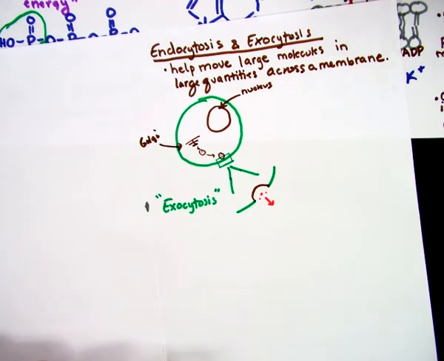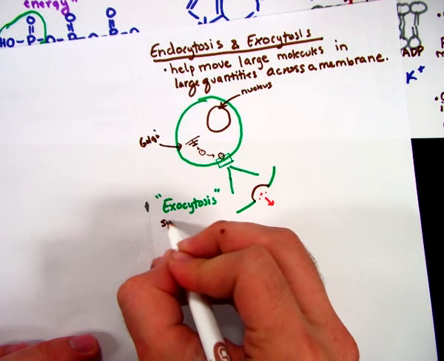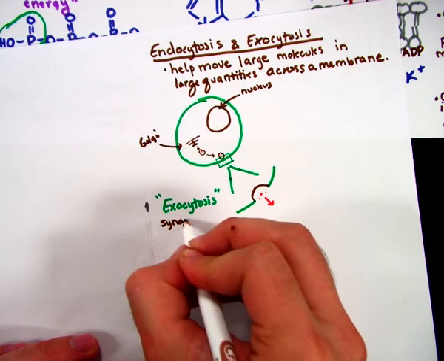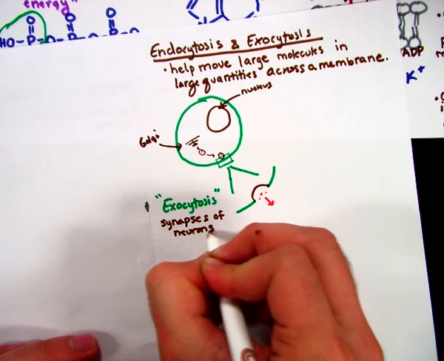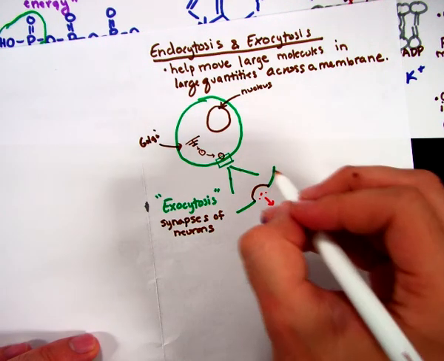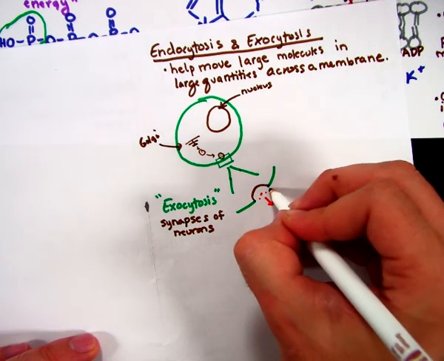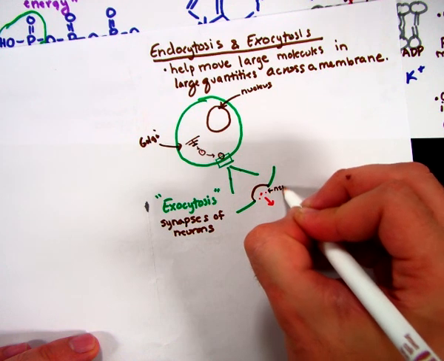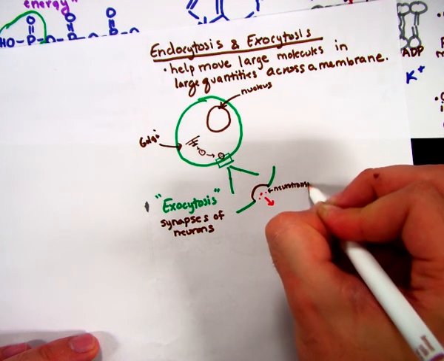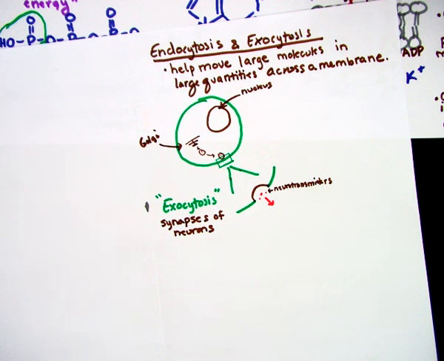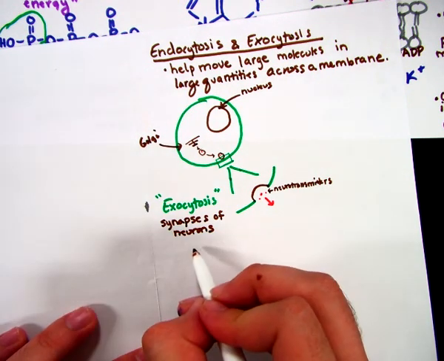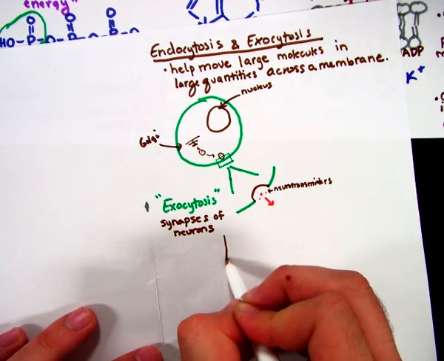The most common place that we see this is in synapses of neurons. So oftentimes these little red dots are neurotransmitters that are being sent across a synapse. Synapse kind of looks like this.